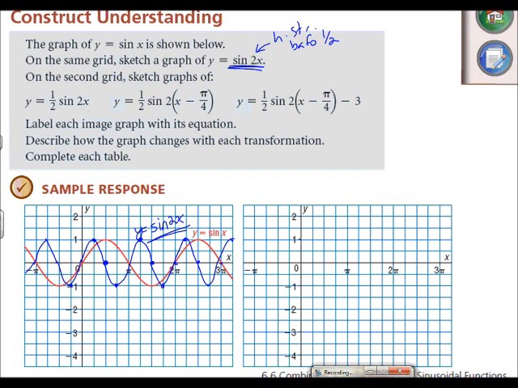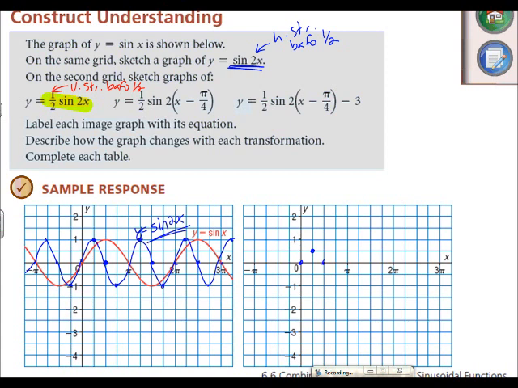Next one, onto the second grid, we are doing 1/2 of that. So that means we're doing a vertical stretch by a factor of 1/2. Let's take that blue line that we just did on the first, have the exact same number of cycles, the same horizontal stretch, and just take it down and multiply every y value by 1/2.